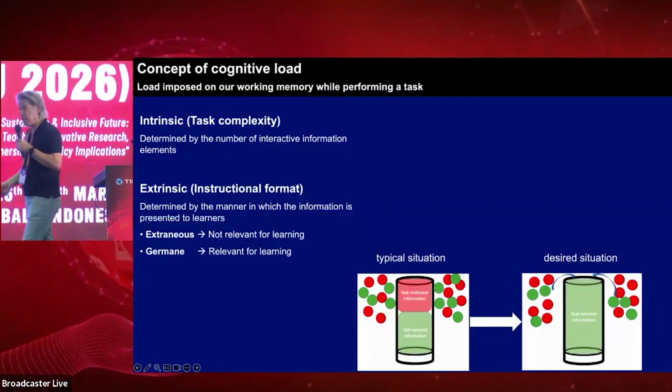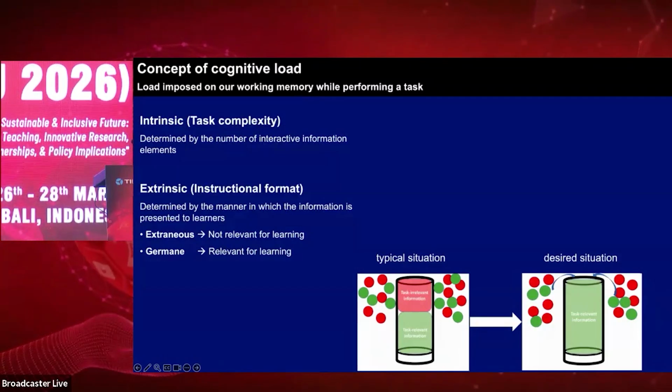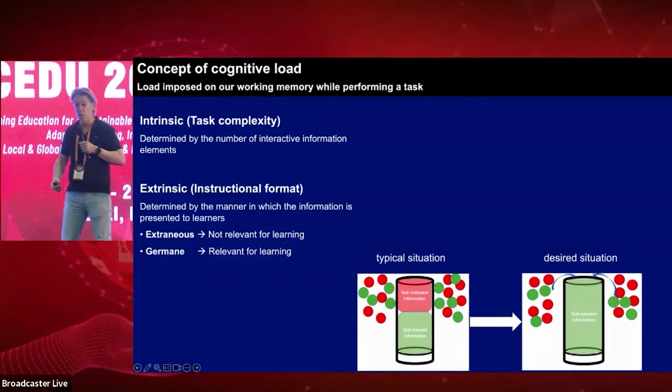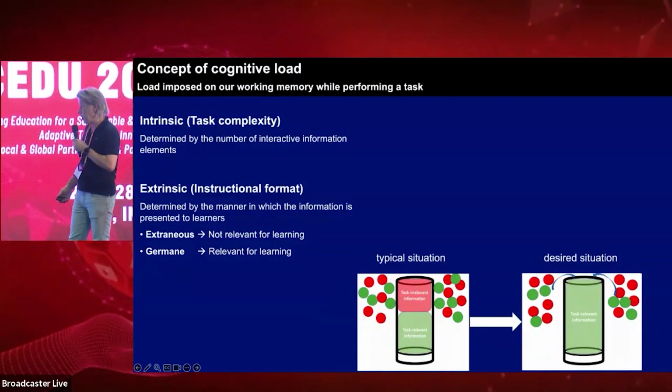What we typically try to do is go from a situation in which a learning task consists of irrelevant and relevant information to a situation in which we only use relevant information. Of course, that's not always possible, but this is the ideal situation in which we use the whole capacity of our working memory for relevant aspects of the learning task.